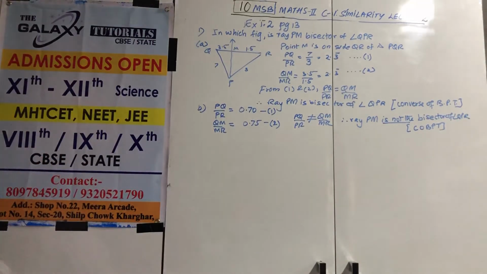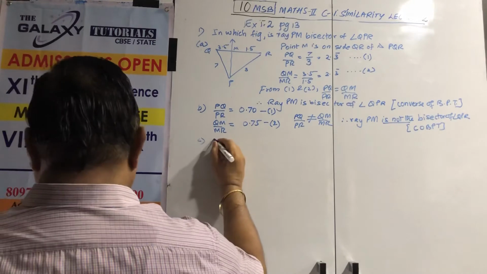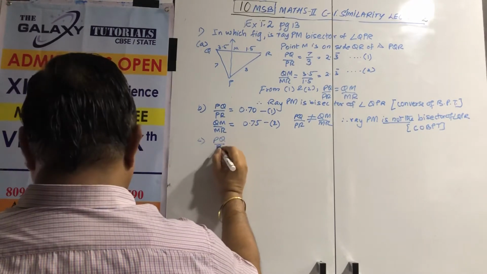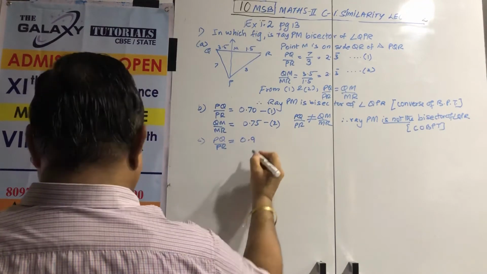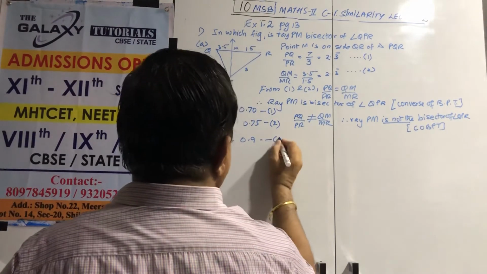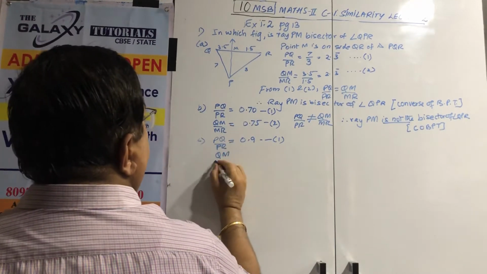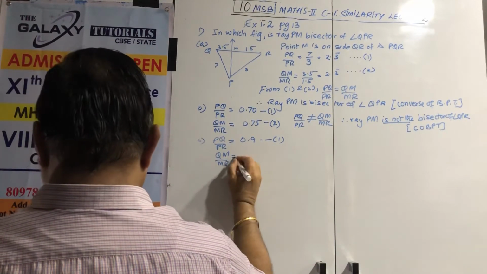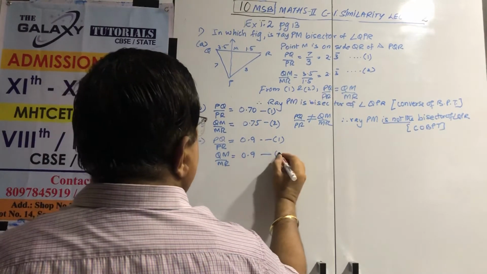In the third sum, similarly, I will get PQ upon PR as 9 upon 10, that is 0.9, that is 1. And when I take the other, QM upon MR, I will get 3.6 upon 4, that is also 0.9, that is 2.